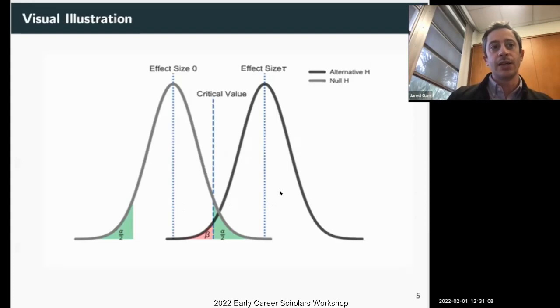If we shrink those curves and make the variance smaller, that's going to decrease that beta, and it's going to give us more power to detect our effect. Similarly, if we hold the variance fixed, we can think about detecting larger or smaller effect sizes, because as that variance shrinks, we can get closer and closer to zero and still have sufficient power. So this is akin to moving that effect size left or right.